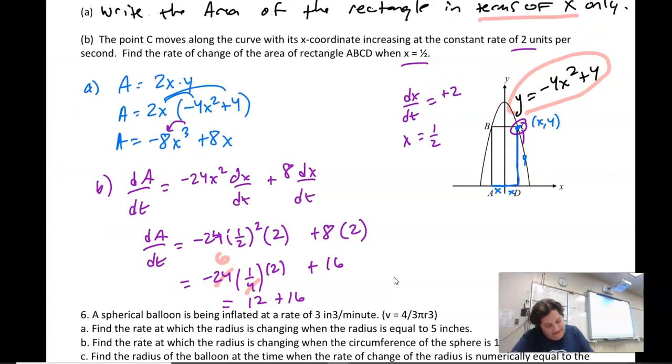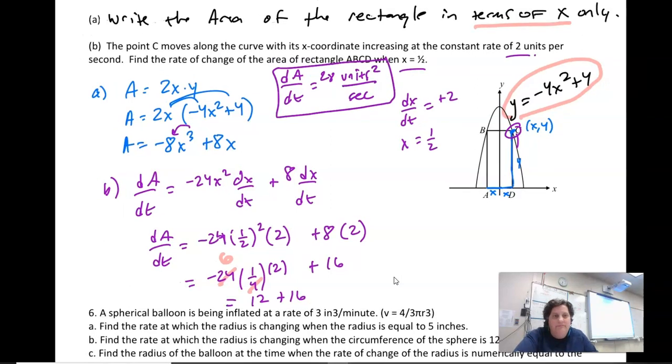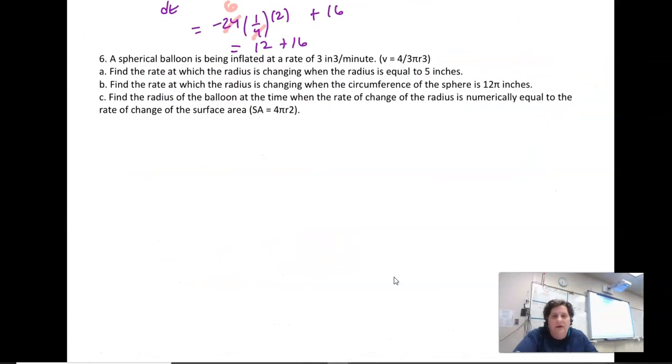So for this, I get dA/dt is 28. And then I don't know the units on this, it just says units per second, but since it's area, I'm going to go units squared per second, 28. All right. So that one's a little bit more straightforward.